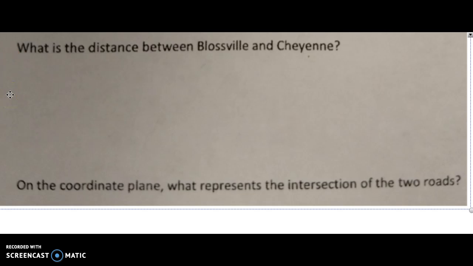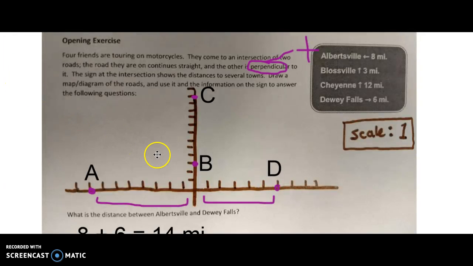Next part, what is the distance between Blossville and Cheyenne? I'm going to go back and look at my map. Blossville is at 3 miles north, and Cheyenne is at 12 miles north. So since those are both north, I can't add 3 and 12 because if I count the distance, it goes 1, 2, 3, 4, 5, 6, 7, 8, 9.